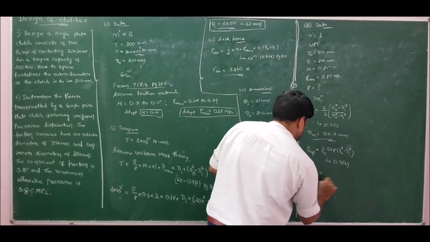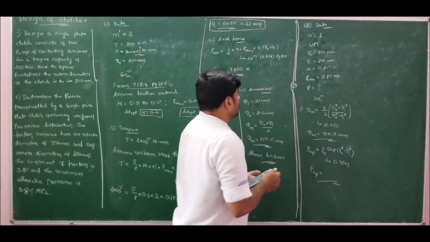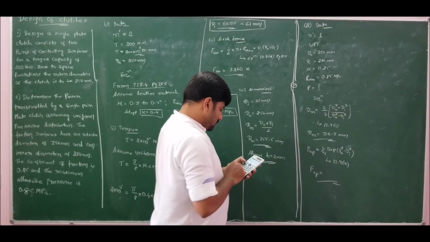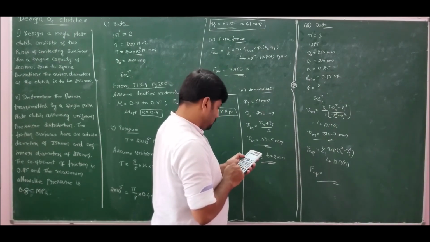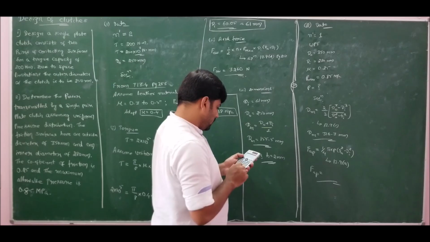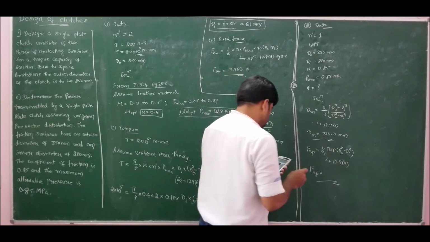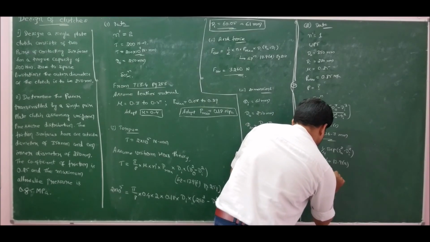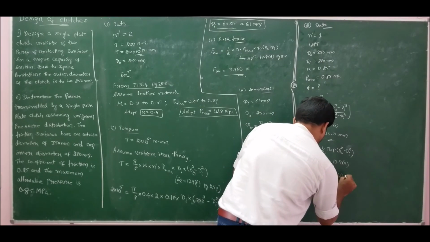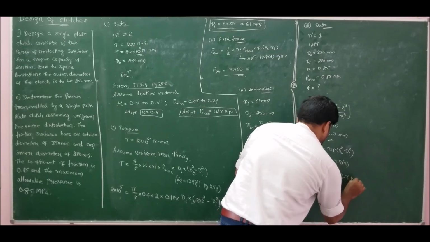So axial force based on uniform pressure theory will be 1 by 4 times pi into maximum pressure 0.85 into 350 square minus 280 square. So the value of axial force is 29,440.7 newtons.